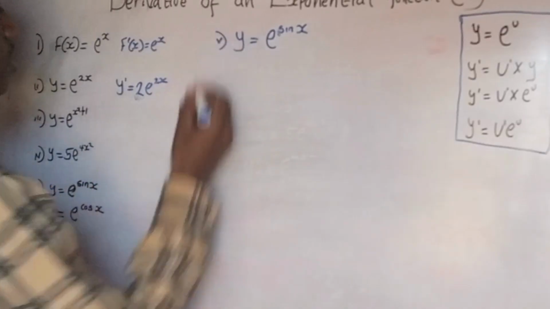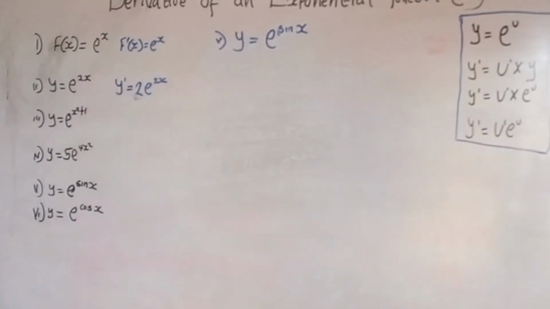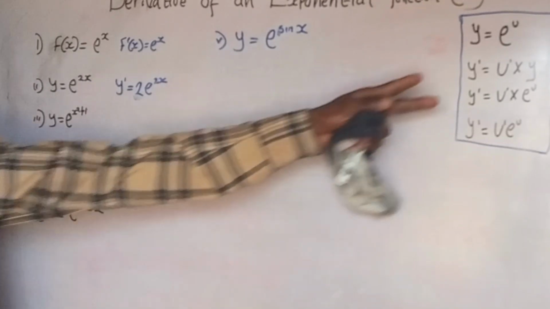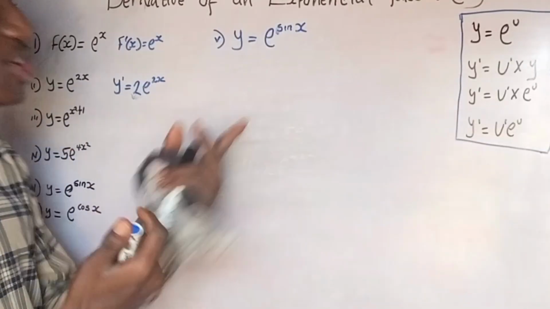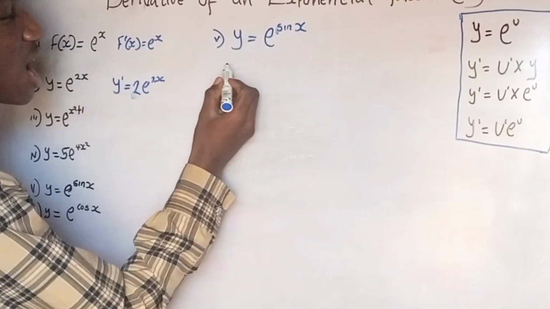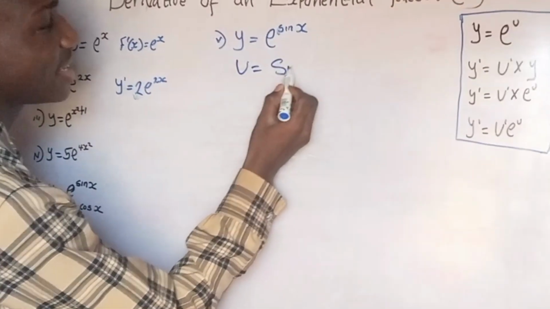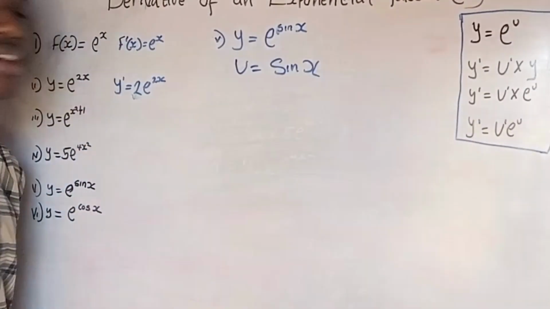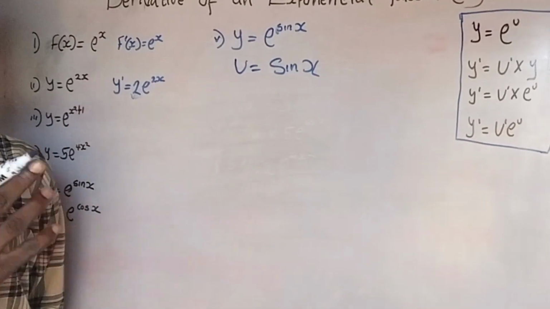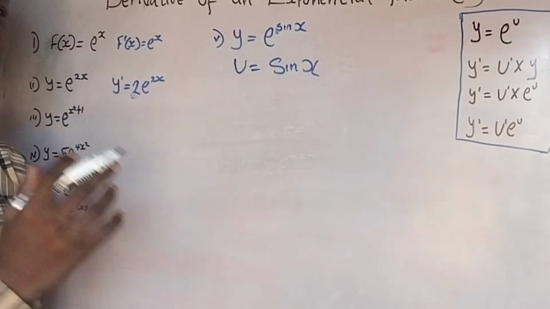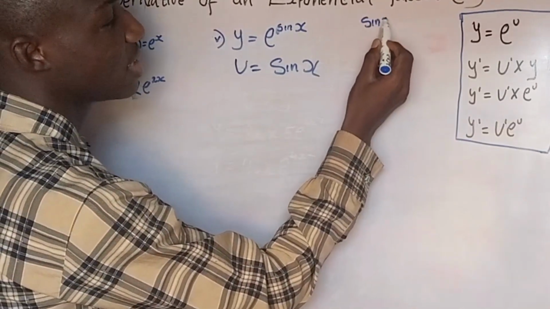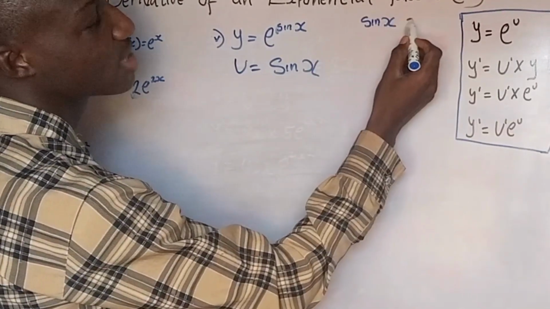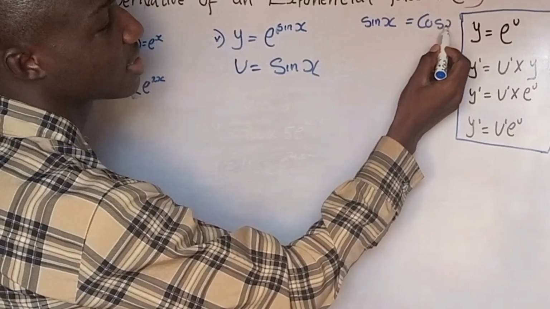Now, the fifth question we have, y is equal to e raised to the power of sine x. Using the same approach, we have to set u equal to the power to which the exponential e is raised. In that case, u is equal to sine x. And in differential calculus, if you differentiate sine x, it will give cos x.